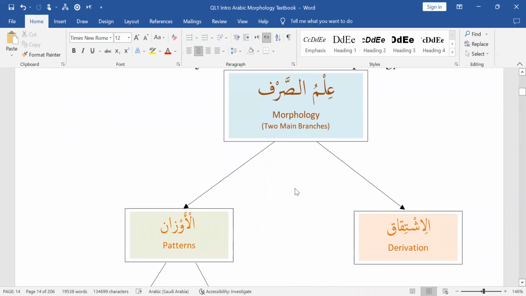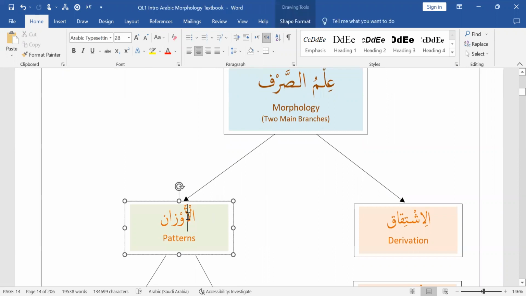What do we study in as-Sarf? We study two things primarily. Al-Ishtiqaq, which is derivation, how to derive, what are the derivatives, how to derive the children, the derivatives from the mother, who is the masdar. And al-awzan, the patterns, right?